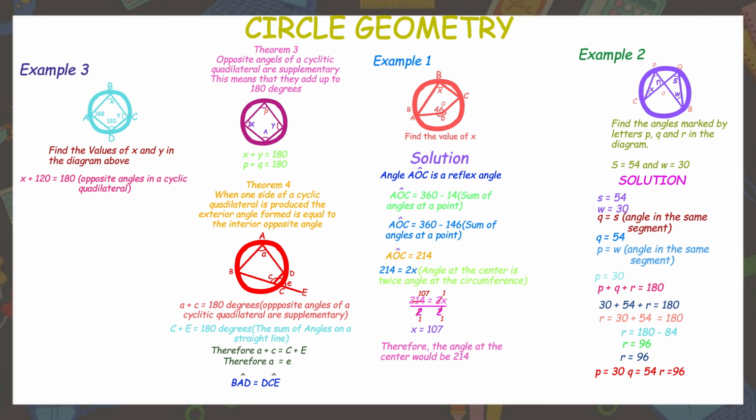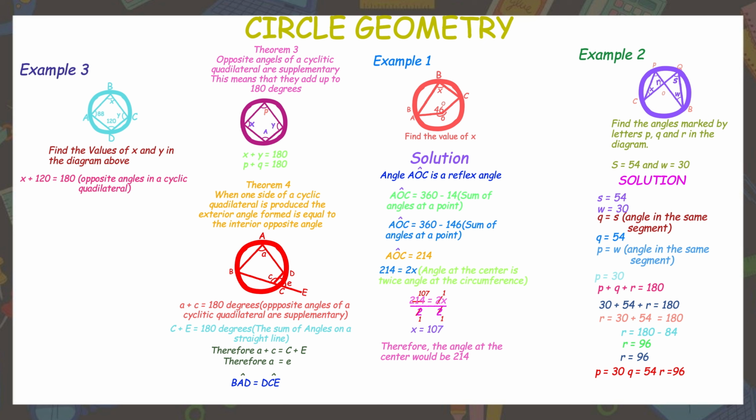So if you are looking at opposite angles, which one? X is opposite to 120 degrees. 88 is opposite to Y. So that means that X plus 120 degrees is equal to 180 degrees. What is the reason?